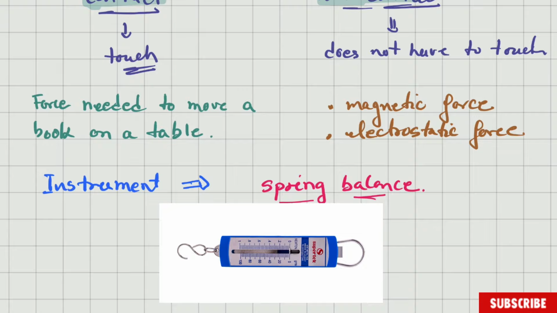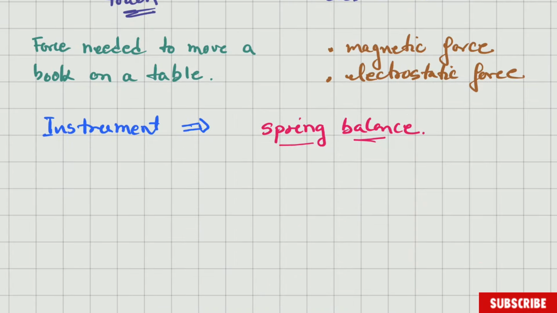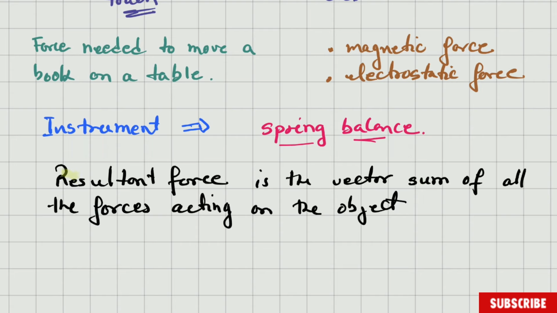And just to finish this short video, we're going to speak about the resultant force. Resultant force, also done previously in other grades, is the vector sum of all the forces acting on the object. We are going to be working a lot with resultant force, which is sometimes also called net force.